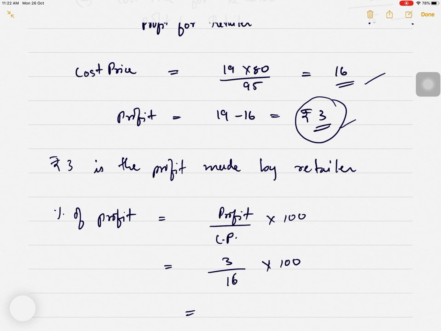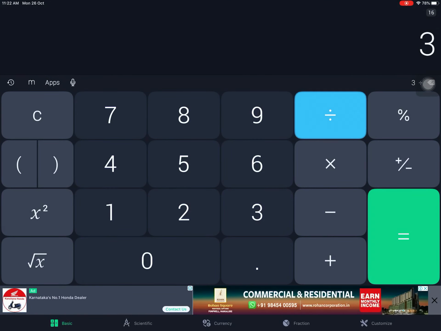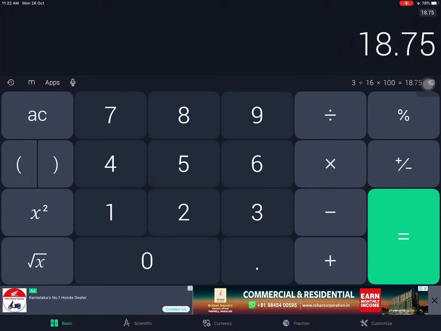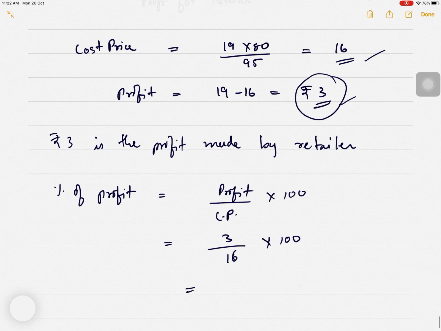So, 3 upon 16 into 100 comes to 18.75. So the profit is 18.75%.